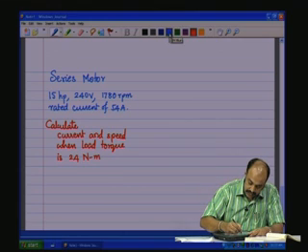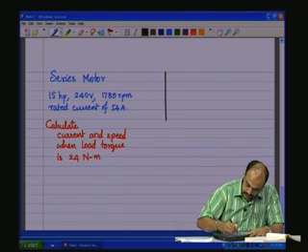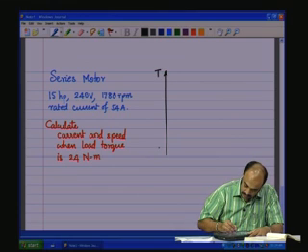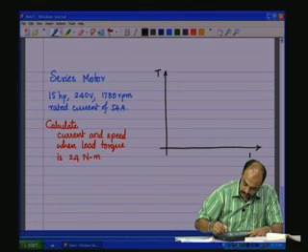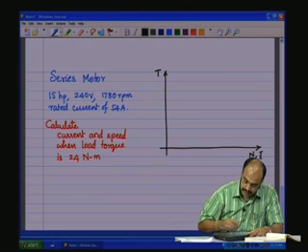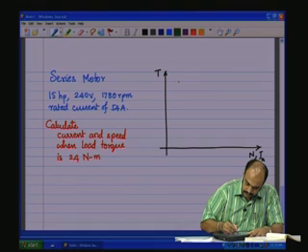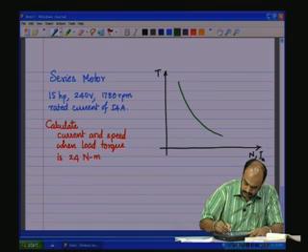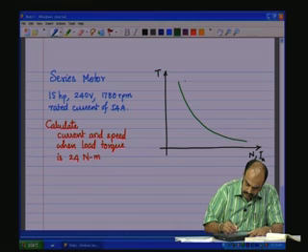It looks like this. This is torque, and on the x axis you have the speed n and also the IA. So, the torque speed curve is torque versus speed.